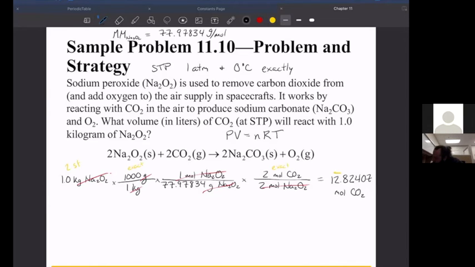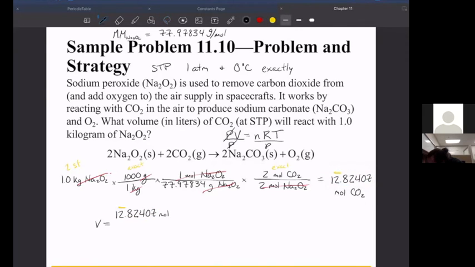All right, and I'm trying to solve for volume. So I'm going to isolate volume all by itself by dividing both sides by P. So now I have the volume equals the number of moles, so that's this one here, with my sig fig marked.